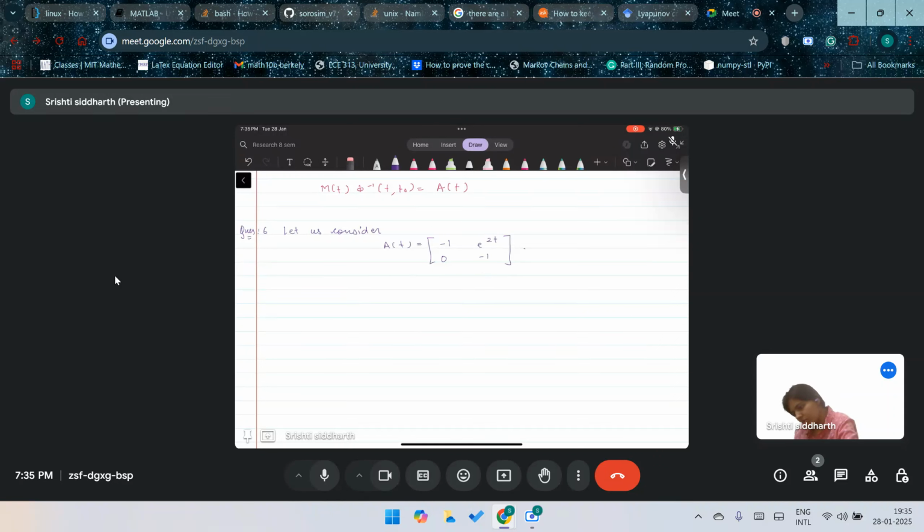So find the fundamental matrix and the state transition matrix.